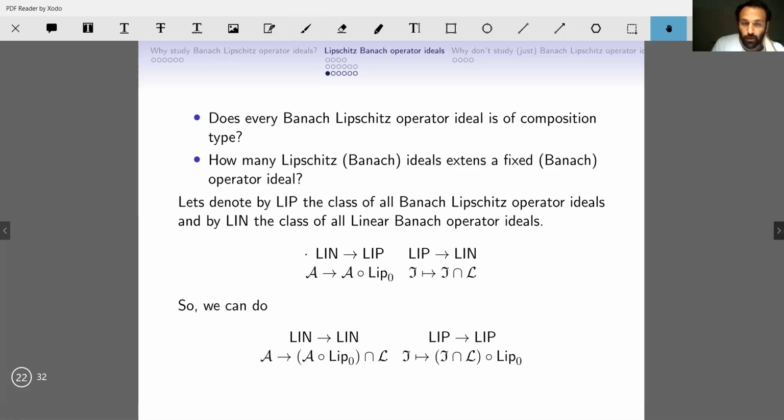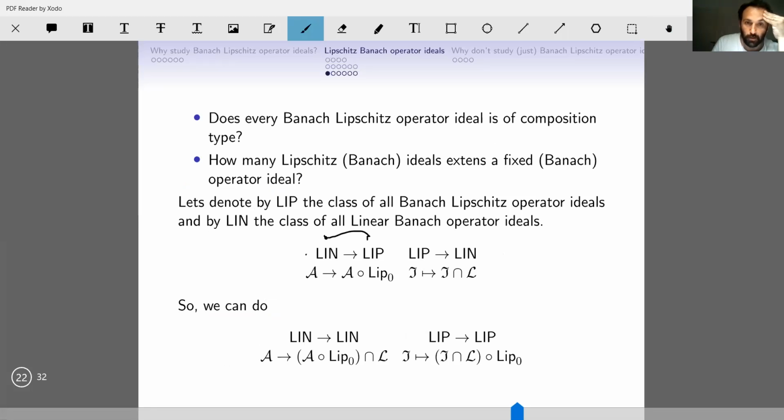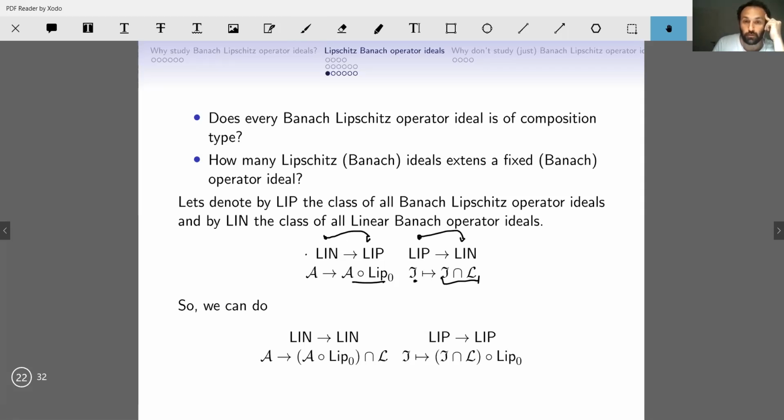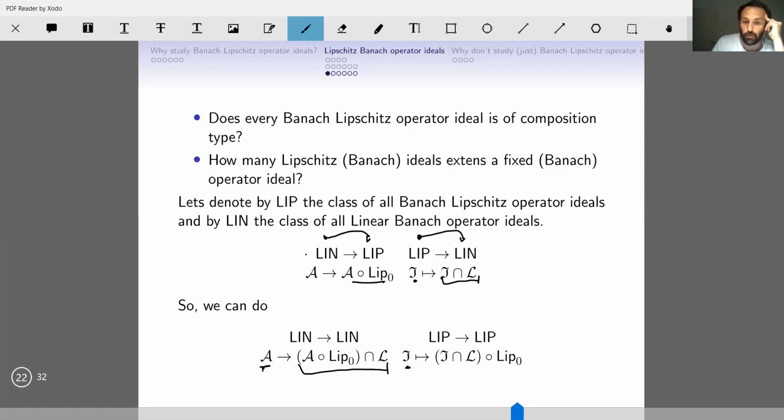Okay, so for the other two questions, we need a bit more. What we did is that from a linear operator ideal, we can get a Lipschitz operator ideal using this composition type. And from a Lipschitz operator ideal, we can get a linear operator ideal just by taking the linear operators which belong to this ideal I. So in fact, we can repeat these procedures, and from a linear operator ideal, we can get another linear operator ideal, and from a Lipschitz operator ideal, we can get another Lipschitz operator ideal.